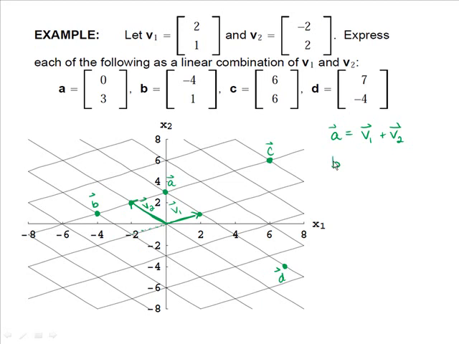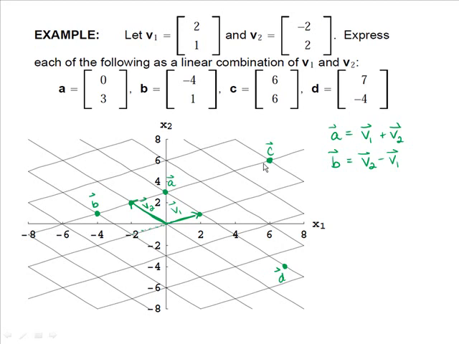So what we have then for B is that it would be -v1 plus v2, or we could just say v2 minus v1. And let's double check that. If I take v2 and I subtract v1, then I have -2 minus 2, which is -4, and I have 2 minus 1, which is 1.